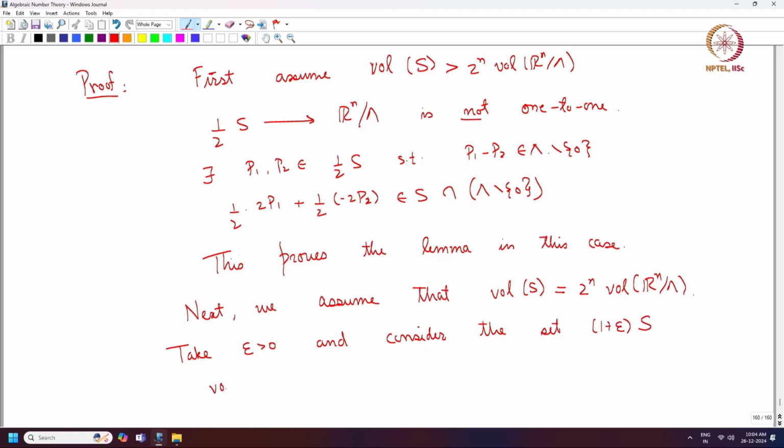Now, volume of 1 plus epsilon times S is equal to 1 plus epsilon to the n times volume of S, which is strictly bigger than 2 to the n times volume of R to the n by lambda. Okay.